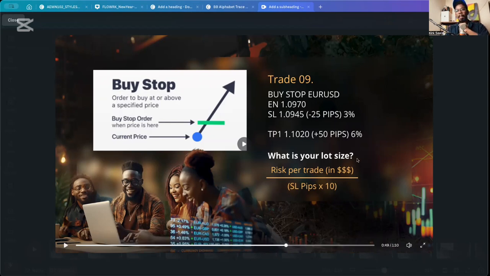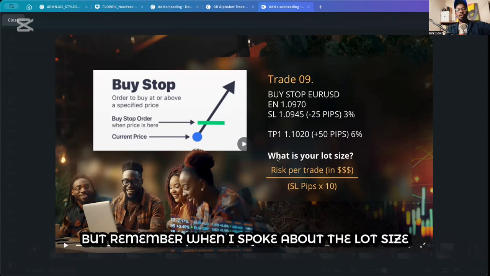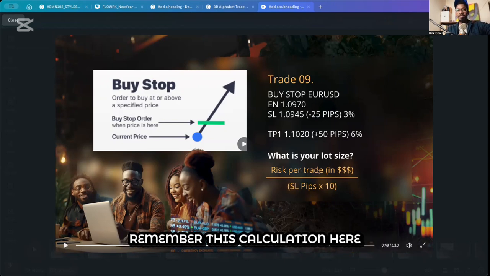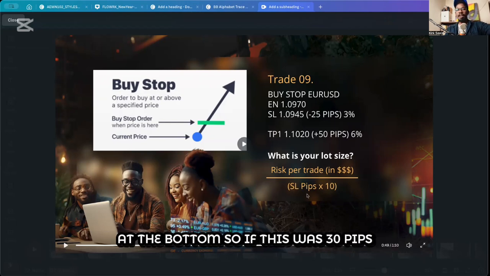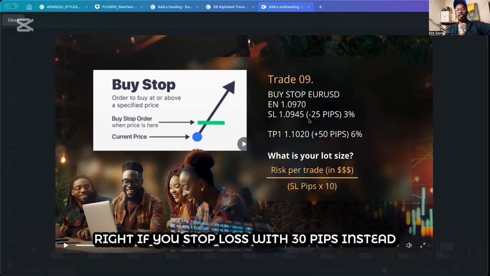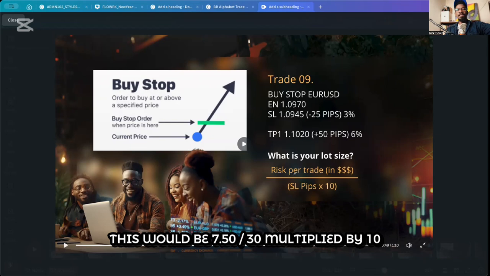But remember, when I spoke about the lot size, remember this calculation here? The lot size is going to change depending on what your stop loss in pips is at the bottom. If your stop loss was 30 pips instead, this would be 7.50 divided by 30 multiplied by 10.